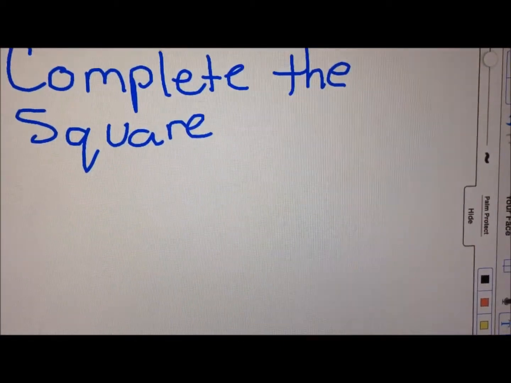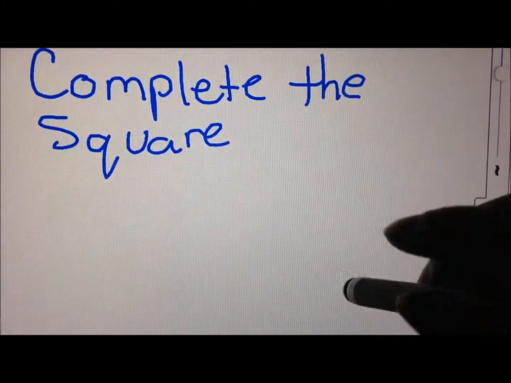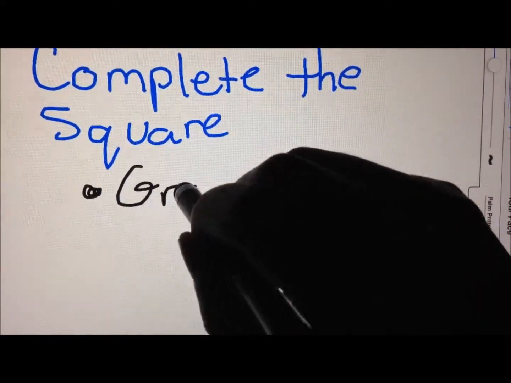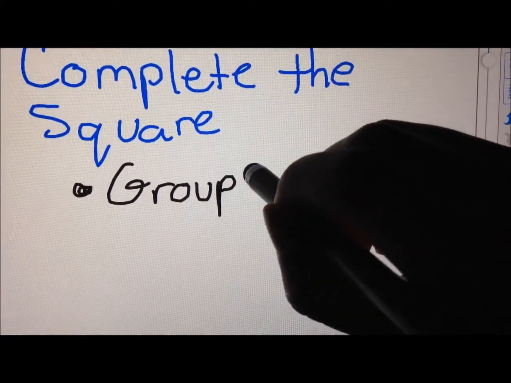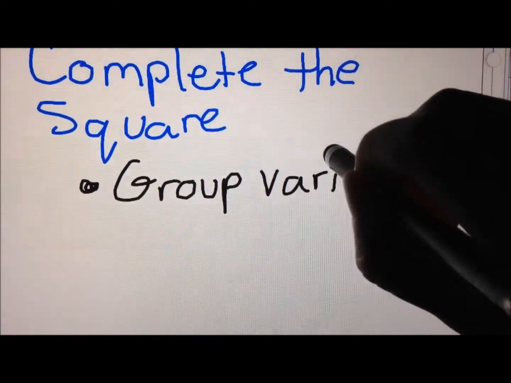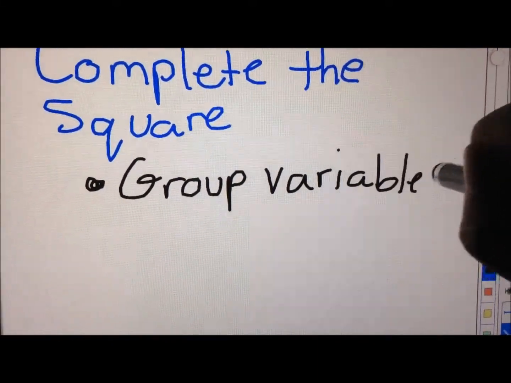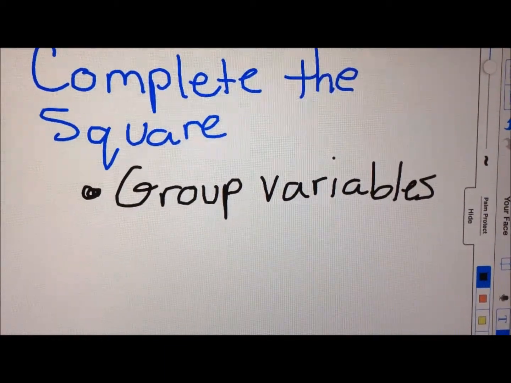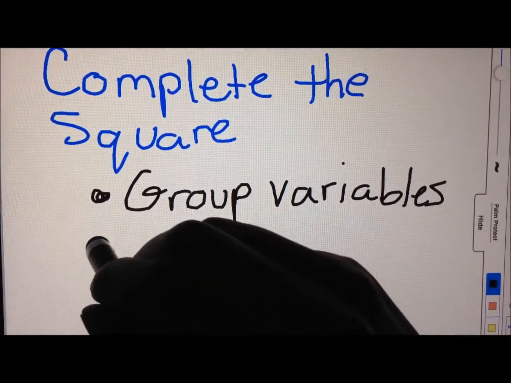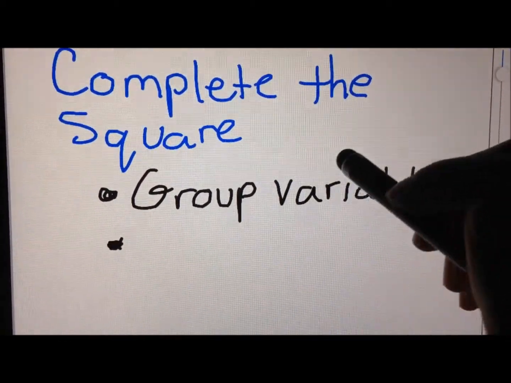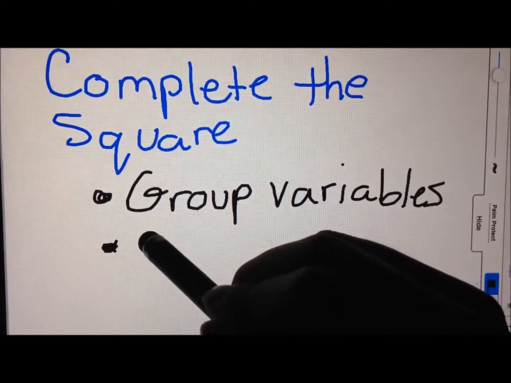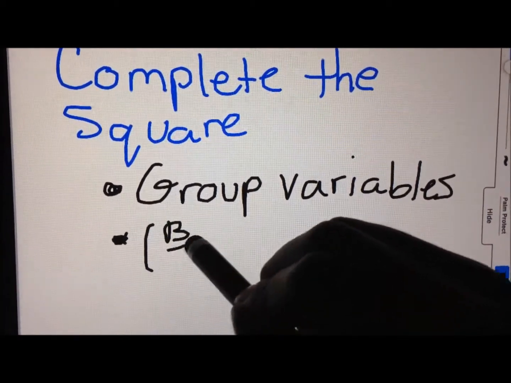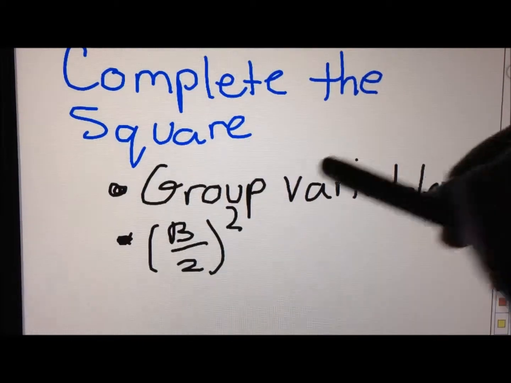When we're completing the square, the first step is to group the variables, and we would divide b by 2, and we would square that number.